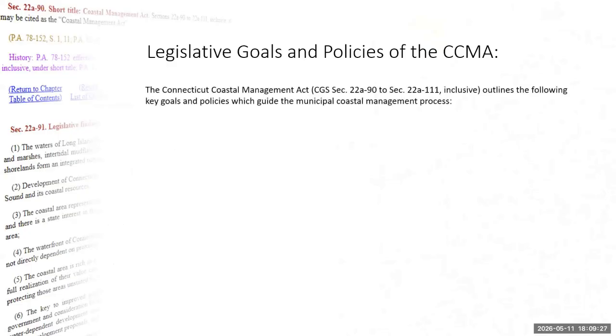Yes. So the Connecticut Coastal Management Act outlines the key goals and policies which guide the municipal coastal management review process.